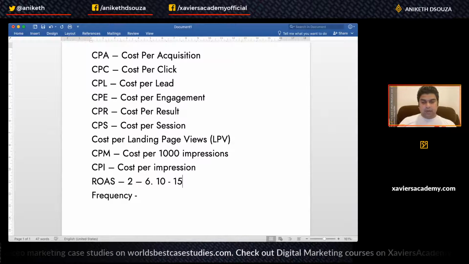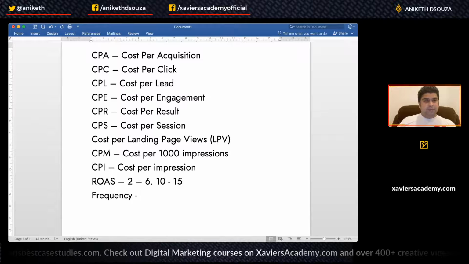That's typically the range. Frequency. So what does frequency mean? Frequency basically stands for the number of times a person is exposed to an ad. So let's say you want to make sure that a single person, let's say your customer, gets this particular ad that you have created at least 3 times in a week.